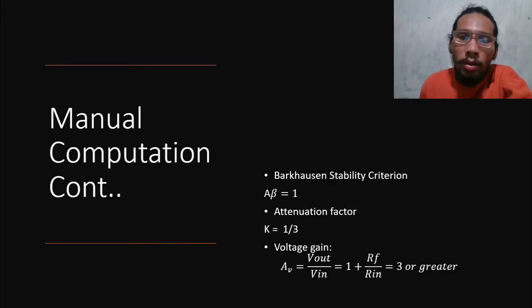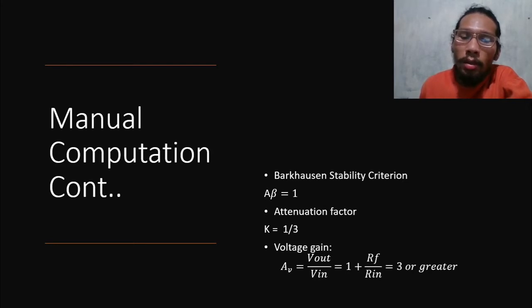The other thing to consider is the Barkhausen stability criterion, where A beta is equal to 1 and the attenuation factor or K factor is equal to 1 over 3. The voltage gain should be 3 or greater, and the voltage gain formula is AV equals V out over V in.